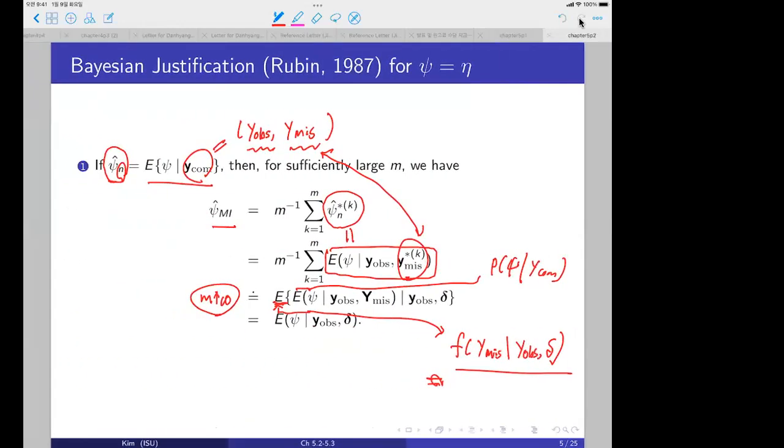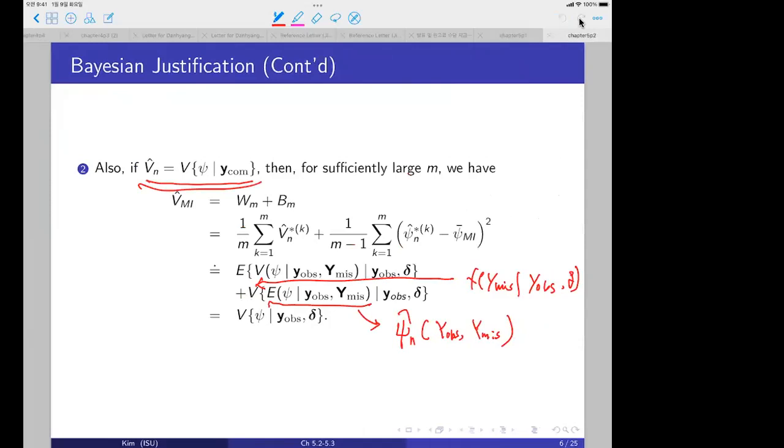But we do still need this assumption. This is actually a strong assumption, as we'll see. The first assumption is this one, and the second assumption is this one. We need these two assumptions in order to validate Rubin's formula. But for computing the conditional expectation here, we don't necessarily need to use that Bayesian imputation. Okay, that's good.